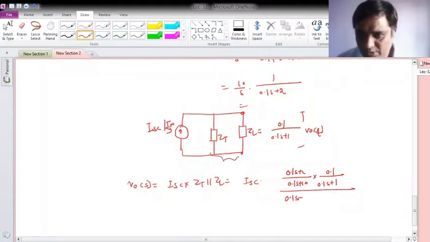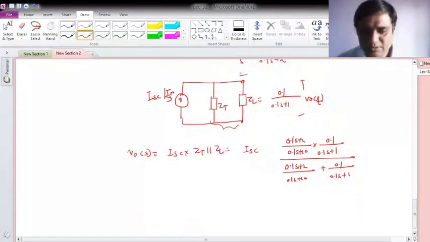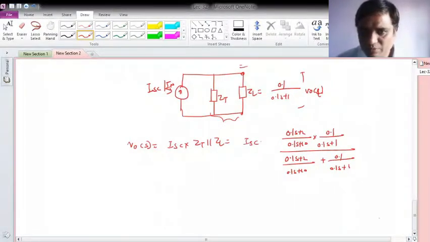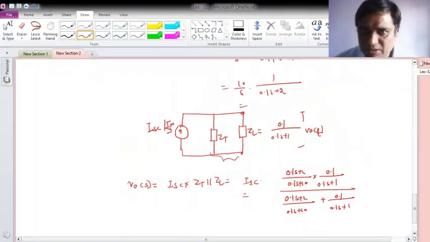So 0.1 S plus 2 over 0.1 S plus 10, plus 0.1 over 0.1 S plus 1. Do the simplification, by putting in ISC also. What was ISC? ISC is 10 over S into 1 over 0.1 S plus 2.